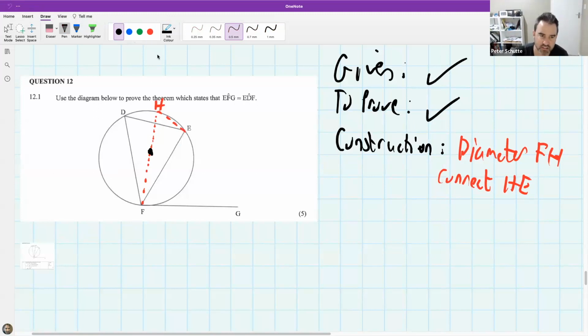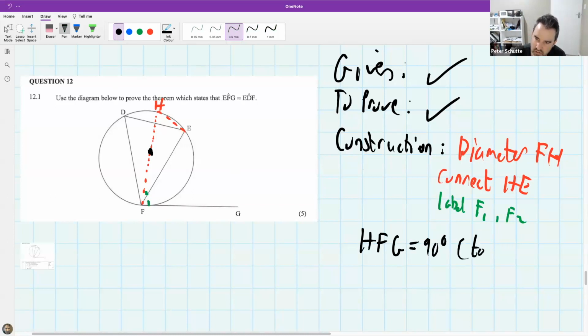We can also say, yes, we can also say label. What shall we label? We'll label F1 and F2 over here to make life a bit easier. So what do we know? We know that HFG is equal to 90 by tan perpendicular radius.